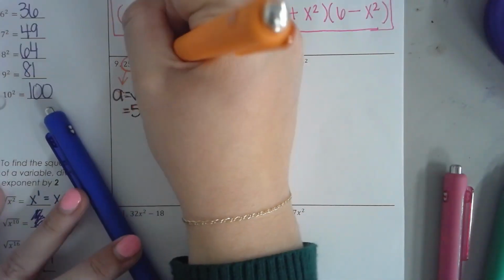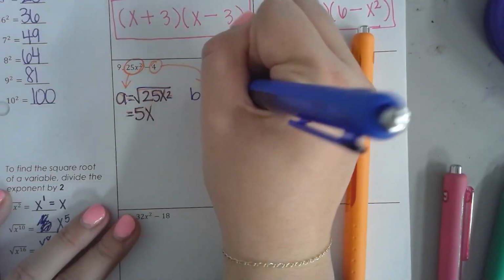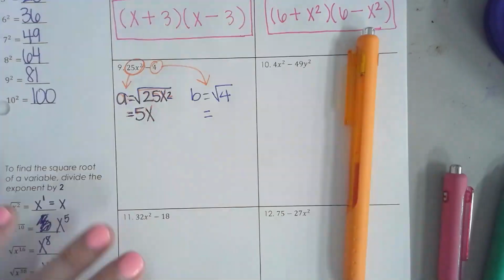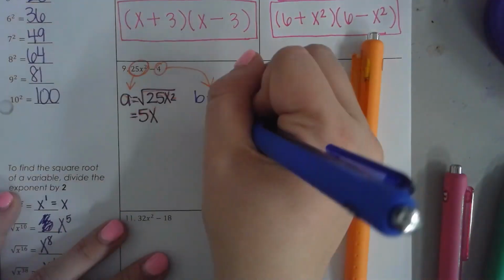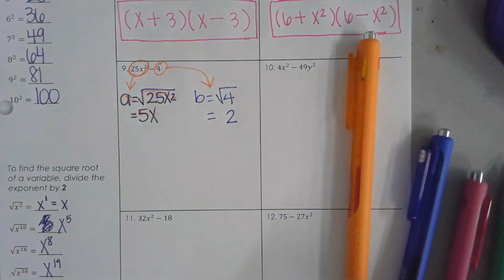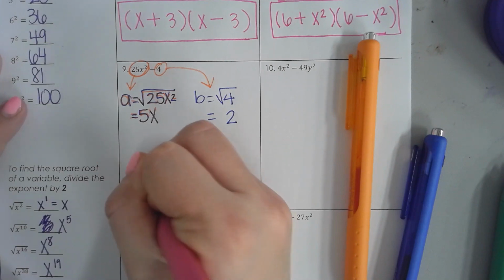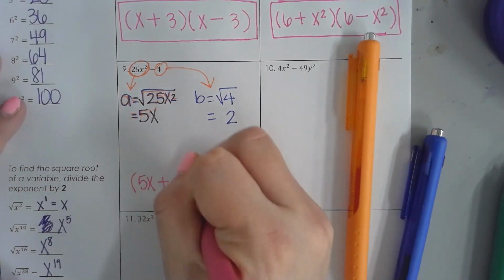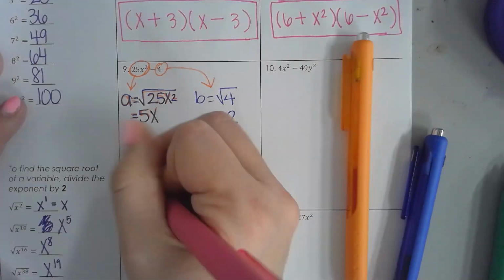B is the square root of 4, which is 2. So my factors are 5x plus 2 and 5x minus 2.